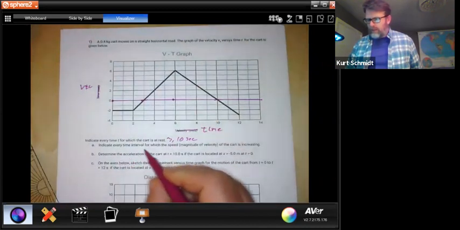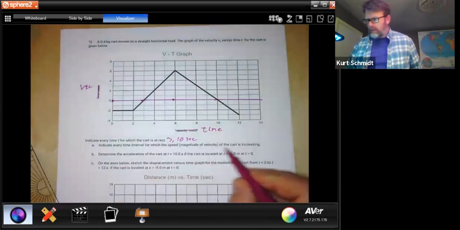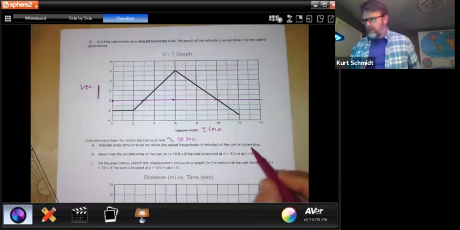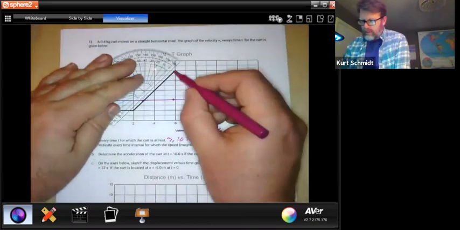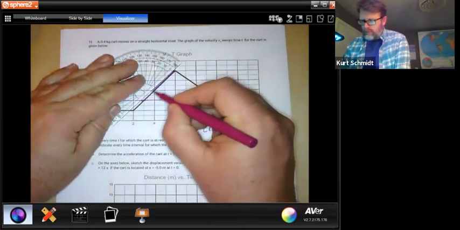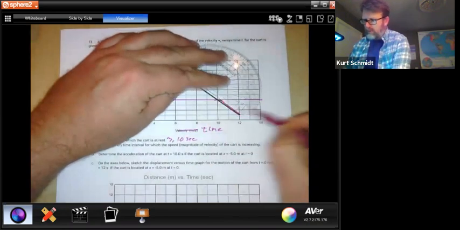Next up, indicate every time interval for which the speed, which is the magnitude of the velocity of the cart, is increasing. That means going away from zero. Looking at this, it is all of this section and all of this section.